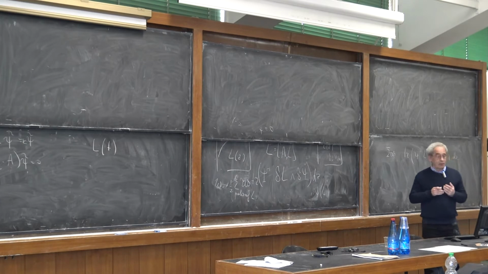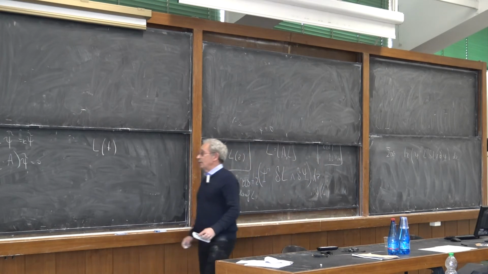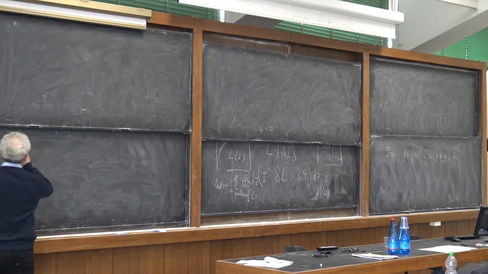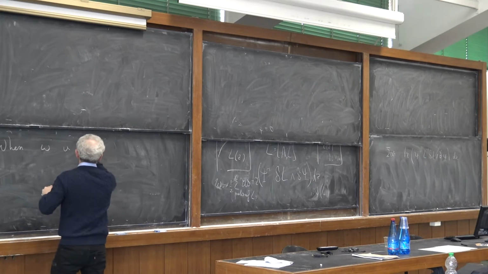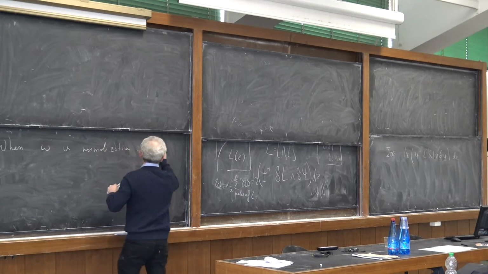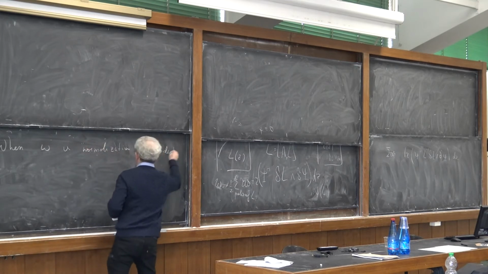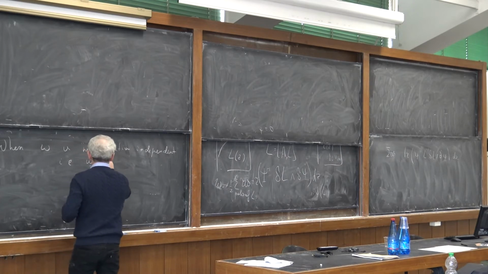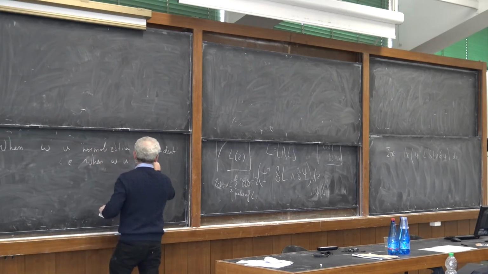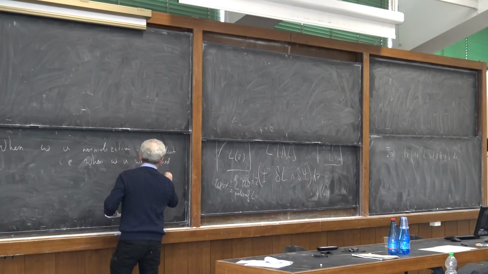So can we see when this form omega is normalization independent, or in other words, when omega is well defined on the space of L's?